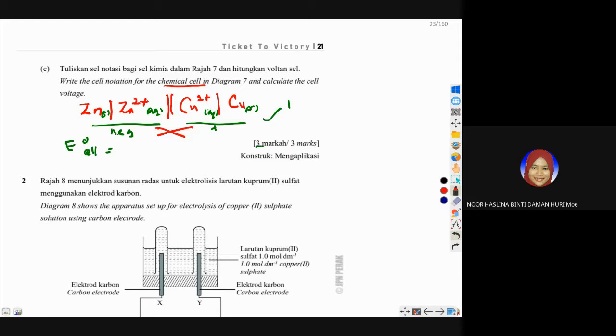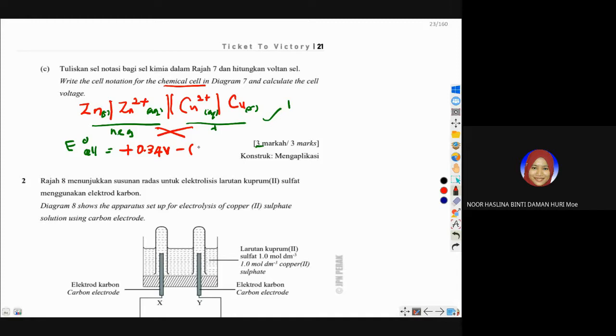So, positive terminal copper, we already know copper here is more positive, so the value is positive 0.34 volt, minus zinc. Zinc is the negative terminal here. And we already know why it becomes the negative terminal, because the E0 value is more negative.